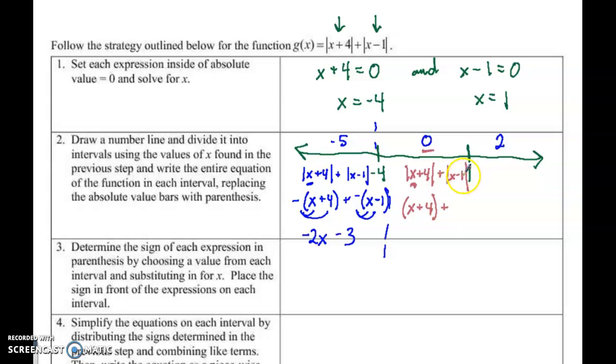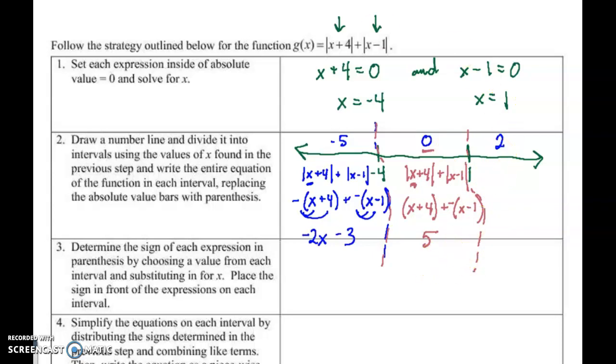Well, 0 minus 1 is -1. Now the absolute value does change. So we want the negative of that value. So as I'm looking at that, x minus x will cancel each other out, but 4 plus 1 will give me 5. So this middle piece, from -4 to 1, sorry, my picture's getting a little messy here, it equals just a horizontal line.